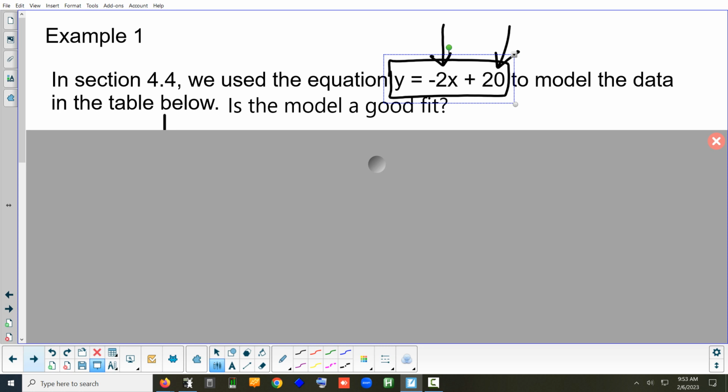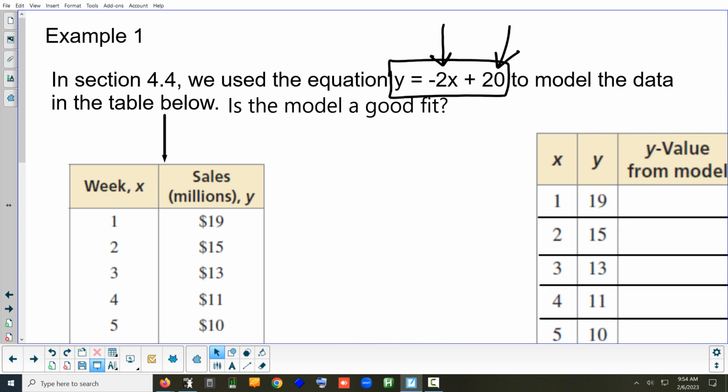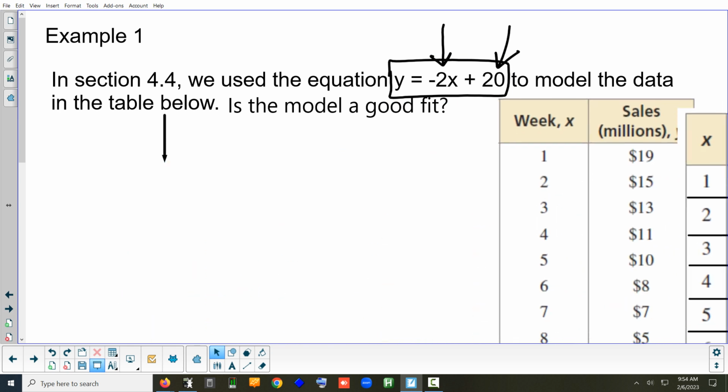All right, so let's make a table. You guys already have a table on your guided notes, so let's start to fill it out and see what we get. Now, I think I switched it. Yeah, so the x and y go the other way. I'll just draw the table myself.